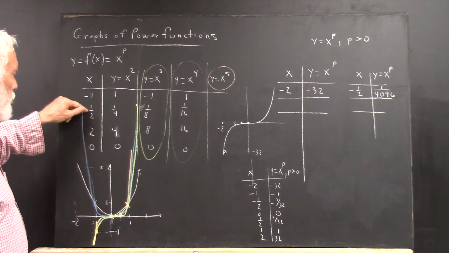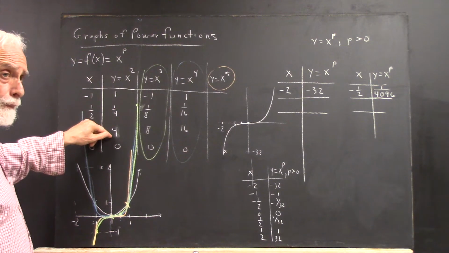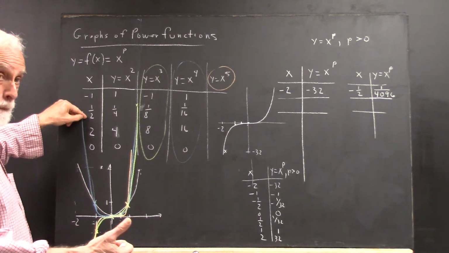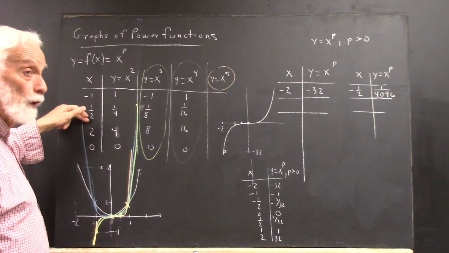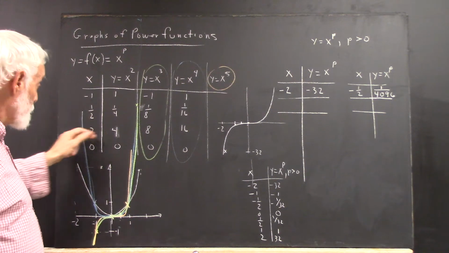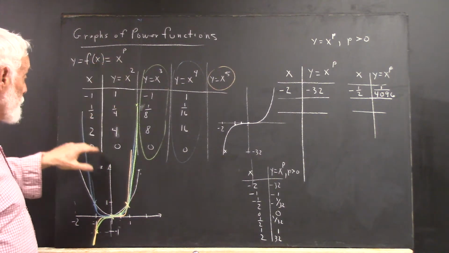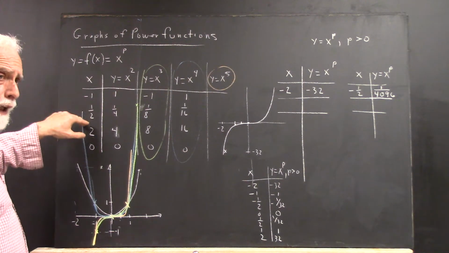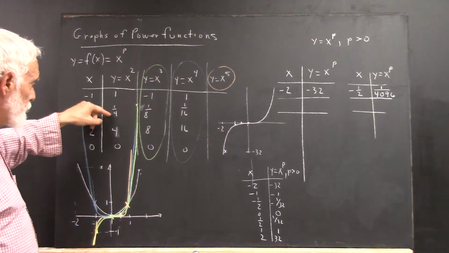And there's only one other thing we need to realize, which is that if we compare the value of the function at 1/2 with the value at 2, we see they're reciprocals. And that's pretty obvious. 1/2 to any power is 1 divided by 2 to that power. But here is 2 to that power. So in this case, the power is 2. 2 to the second power is 4. And 1/2 to the second power is going to be 1/4.